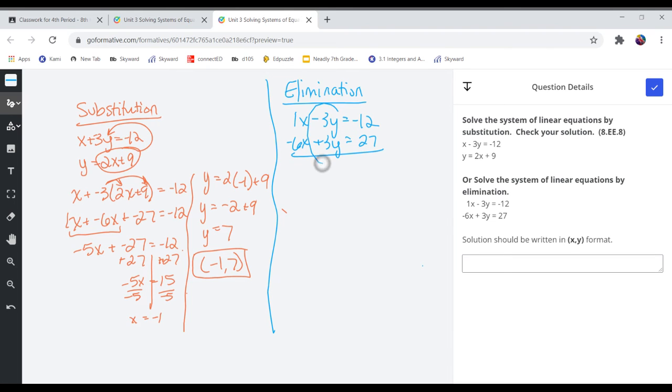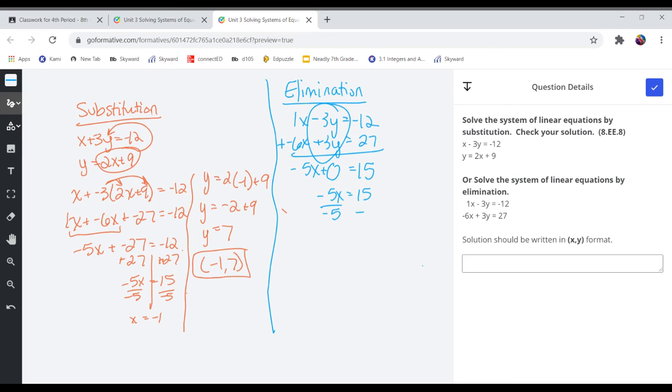My y's are opposites of each other, so that means I can add to make it 0. So 1x plus negative 6x is negative 5x plus 0. Negative 12 plus 27 equals 15. So negative 5x equals 15.